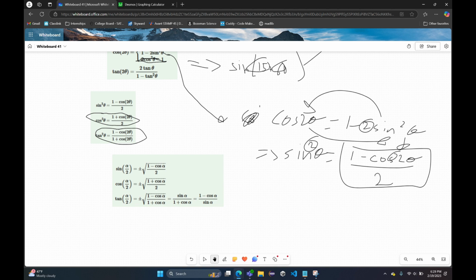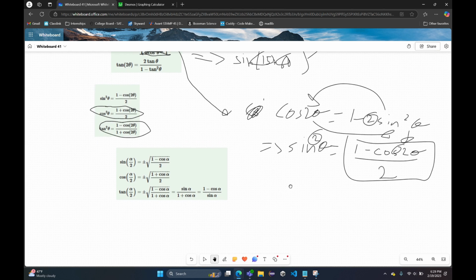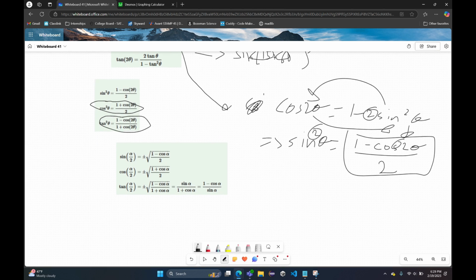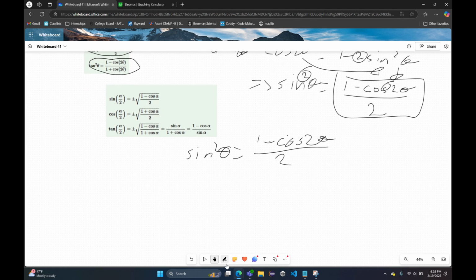And then finally, we have our half angle formulas. So our half angle formulas are derived from these power reducing formulas. First let's start with sine squared theta equals 1 minus cos 2 theta divided by 2. So now let's substitute, let's say that theta equals alpha by 2, or let's just say A by 2.